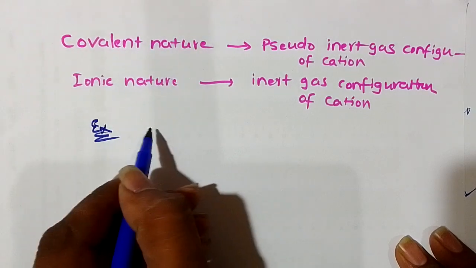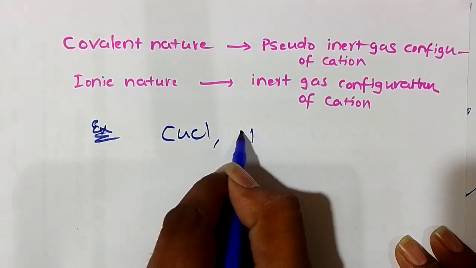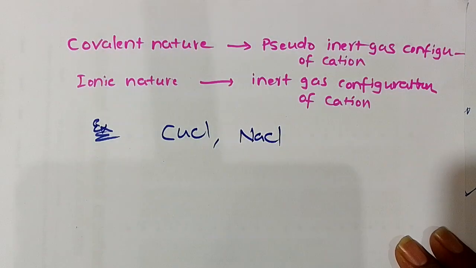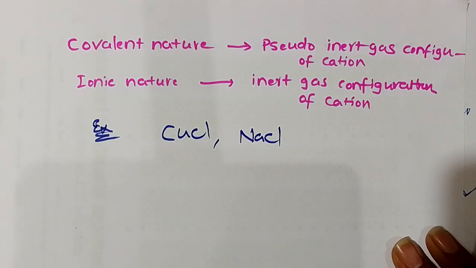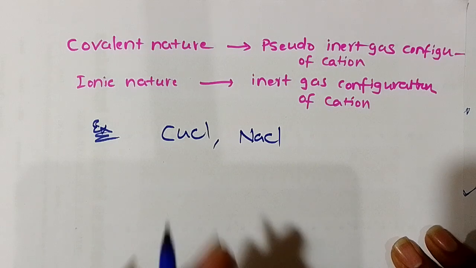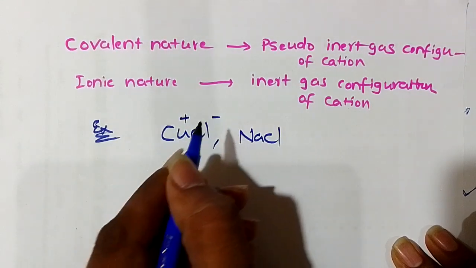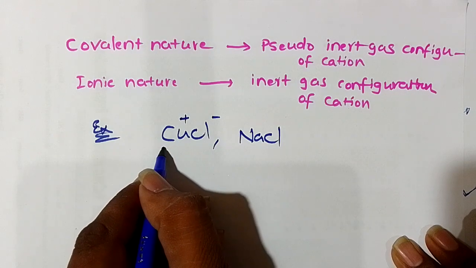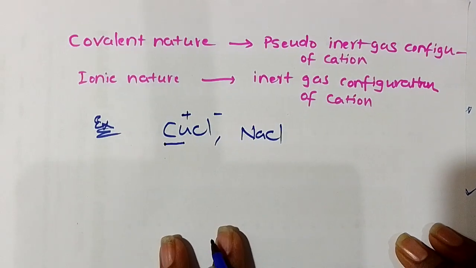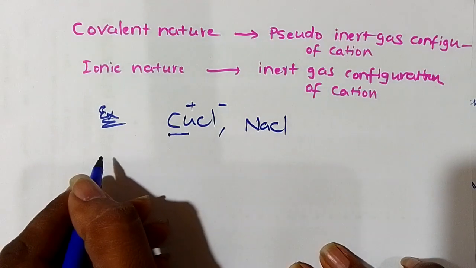For example, CuCl and NaCl: which one has more covalent nature, which one has more ionic nature? In CuCl, the cation is Cu plus and the anion is Cl minus. Which one has a pseudo inert gas configuration? Cu plus has pseudo inert gas configuration. Pseudo inert gas configuration means the valence shell contains 18 electrons.